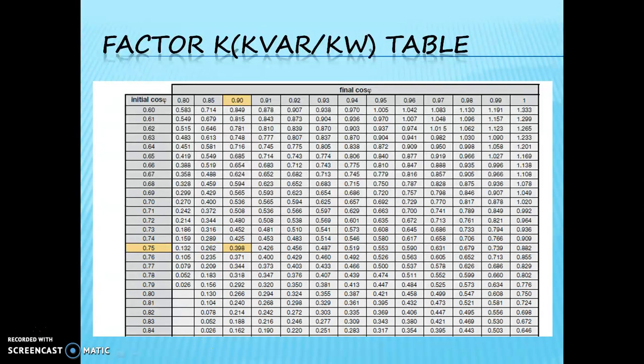Suppose the power factor is 0.6 and we are going to improve it to 0.9, then you take this value, 0.849. Like that you pick the factor K, then substitute in the formula, and you get the exact kVAR of the bank, the exact kVAR needed to achieve the decided power factor.